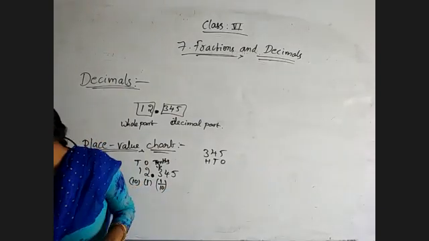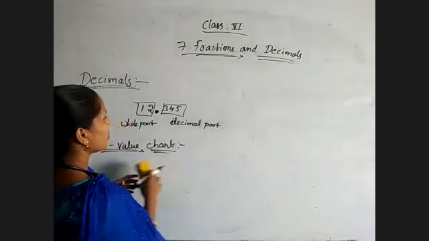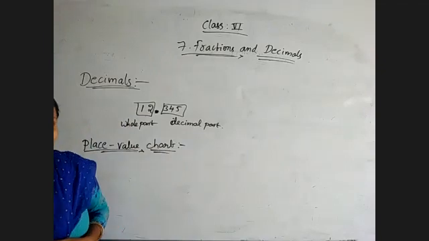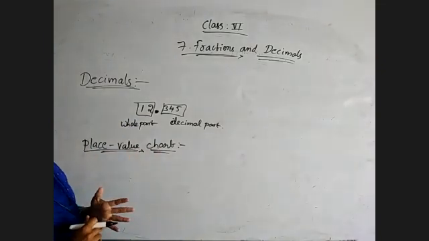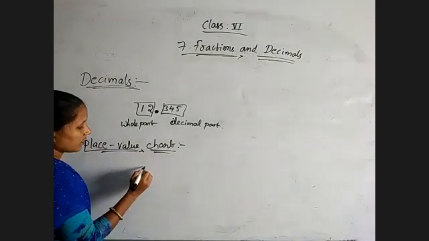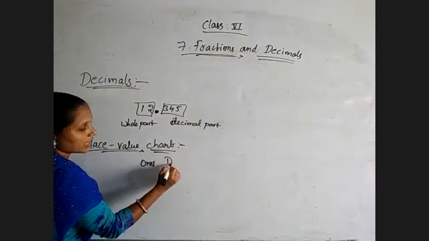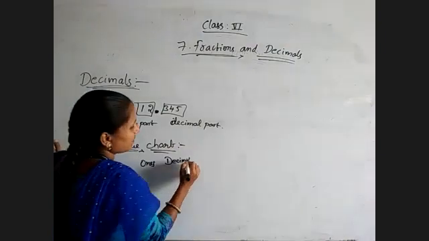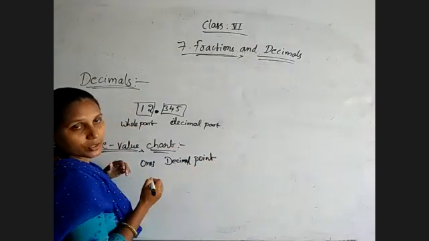So in a place value chart, while you are moving right to left, the place value increases by 10 times. Left to right, it decreases by 10 times. First we will have ones. So the decimal point is the separation portion.